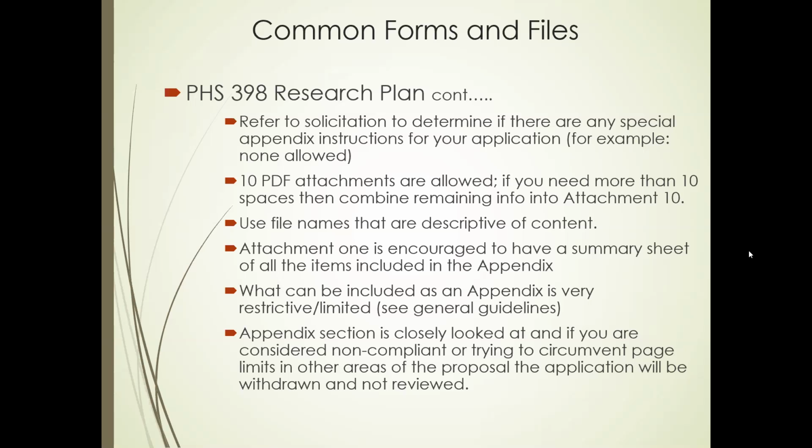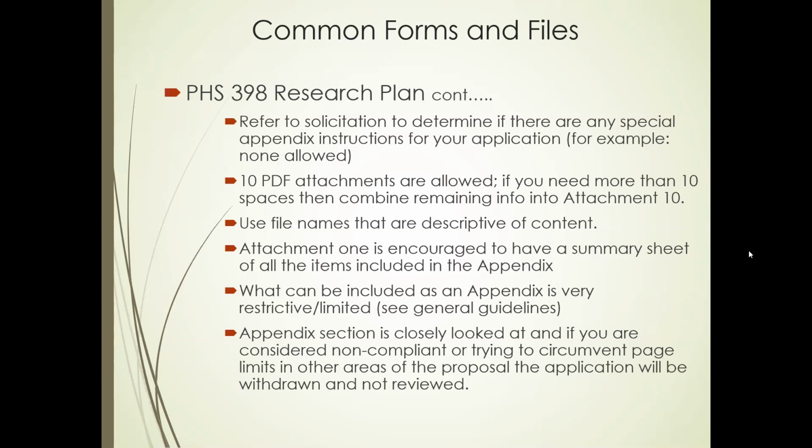So if you've got more than 10, then you have to combine the ones that are left into one big attachment that you put as attachment 10. They recommend that the file names be descriptive of the content for what you load here. And if you've got a lot of information, that you have some type of a table of contents or a summary sheet that you include with the appendixes.